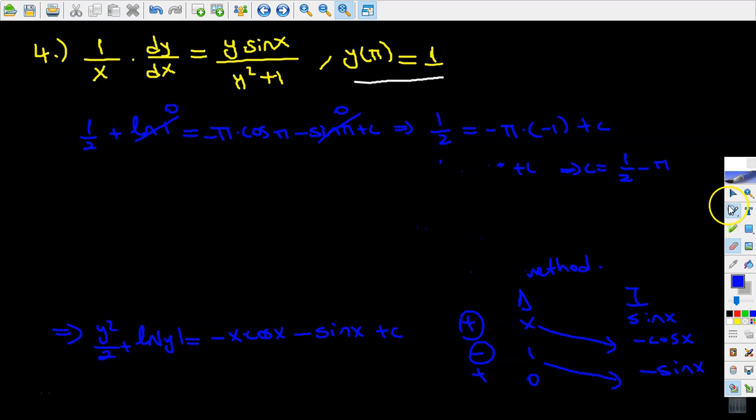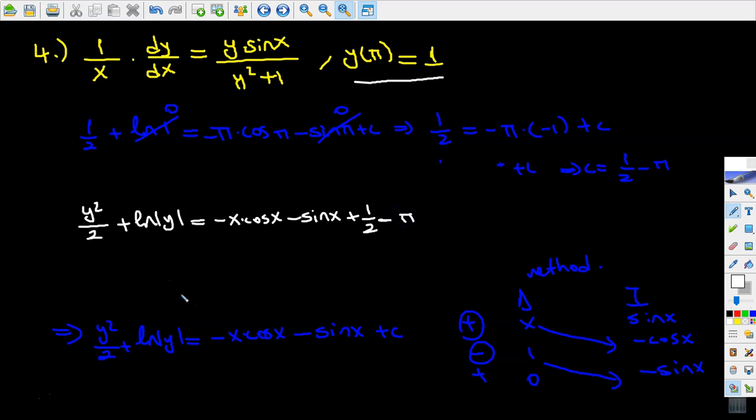Alright, the final solution is y squared divided by 2 plus natural log y equals negative x times cosine x minus sine x plus 1/2 minus pi. This is pretty much the solution, because there is no way of putting y by itself on one side equal to other things on the other side. So this is pretty much the solution.